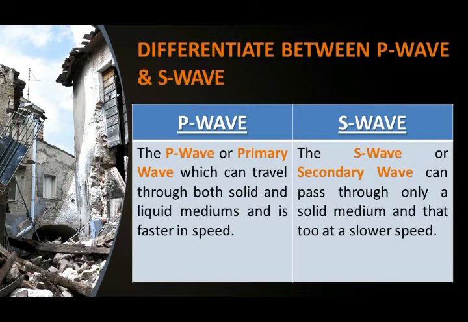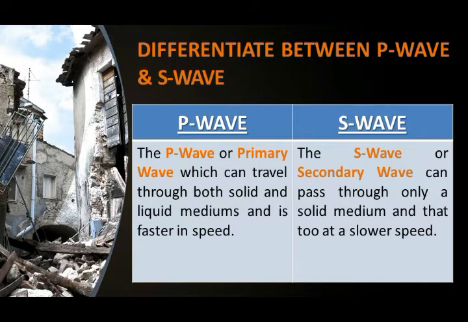The waves generated by the earthquake are known as seismic waves. These waves are mainly of two types, P waves and S waves. P waves are called the primary waves and S waves are the secondary waves. Primary waves are the first which are recorded on the Earth's surface in the instrument, because these are the waves which travel very fast.